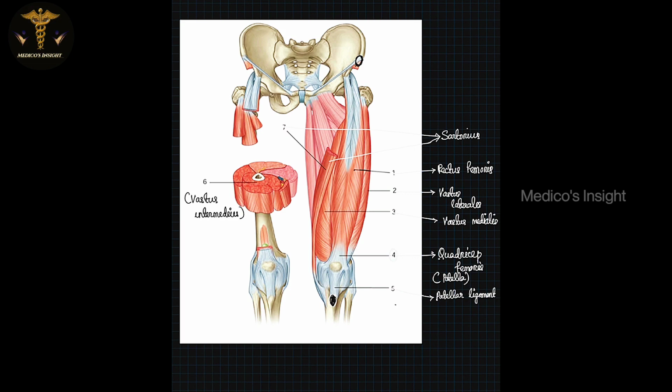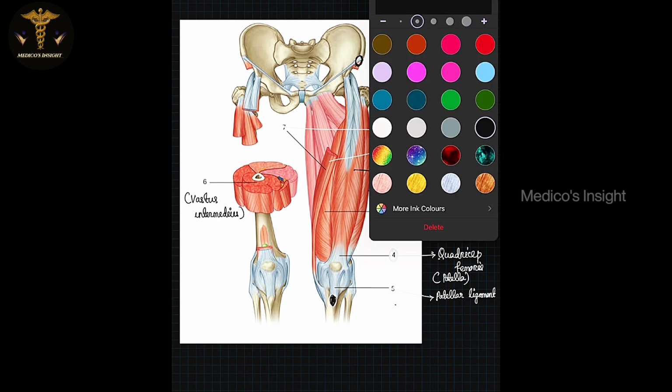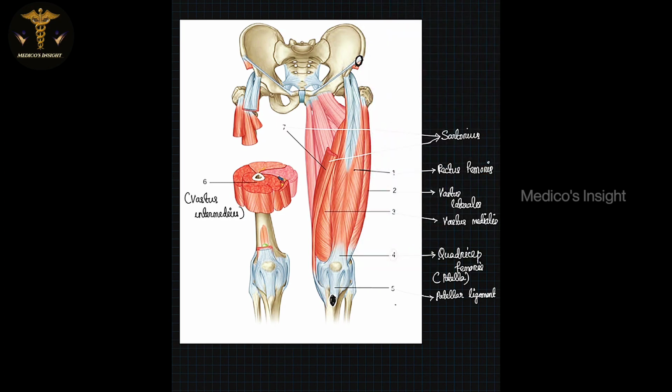Okay, so we can quickly summarize it, and the nerve supply and the function. So let's begin. Here there is sartorius. We can highlight it. This one is sartorius muscle.